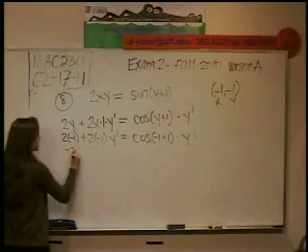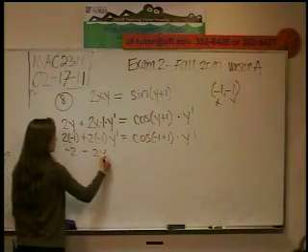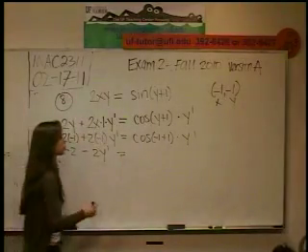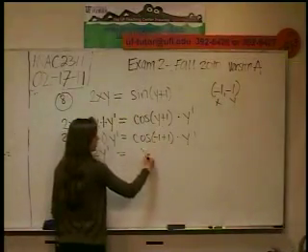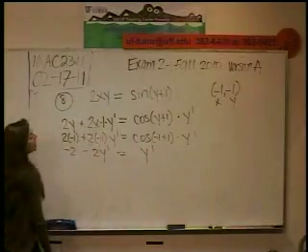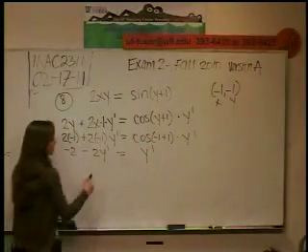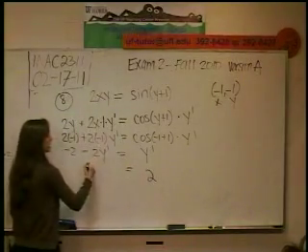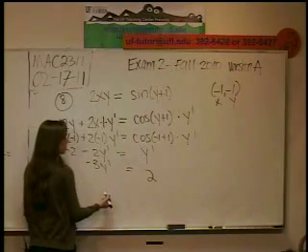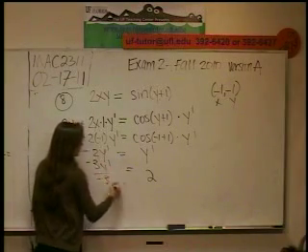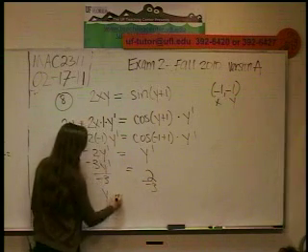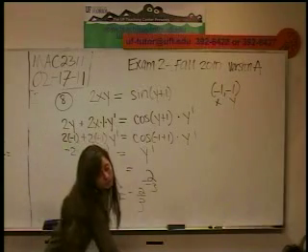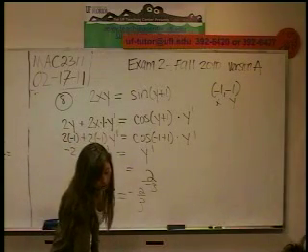Here I get -2 minus 2y prime equals, and the cosine of 0 is 1, so this whole thing just becomes y prime. I move the y prime over to the other side and add 2 to both sides, and I get -3y prime. Dividing by -3 gives y prime equals -2/3. And that is answer choice A.